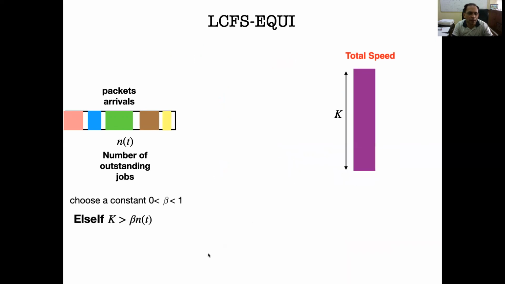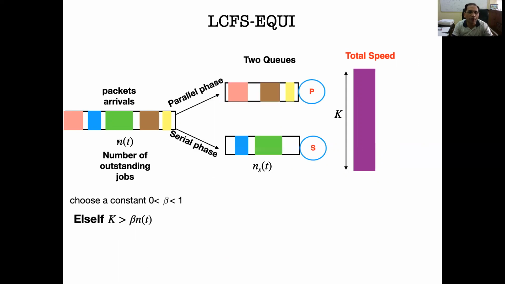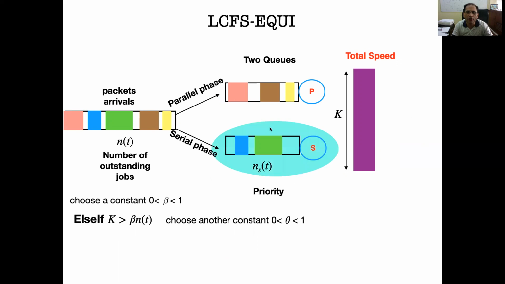Now, suppose that the number of jobs in the system is smaller than k, then we separate out the jobs into 2 parts. One is jobs which are in their parallel phases and jobs which are in serial phases, and concentrate first on the jobs which are in their serial phases, and let the number of such jobs be ns of t.